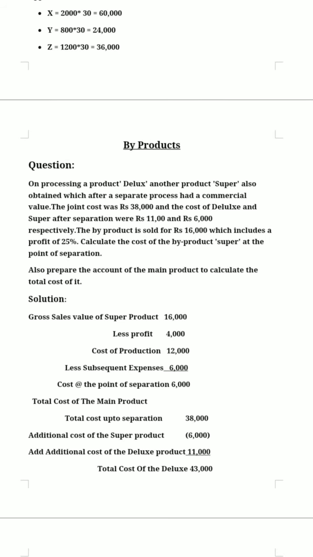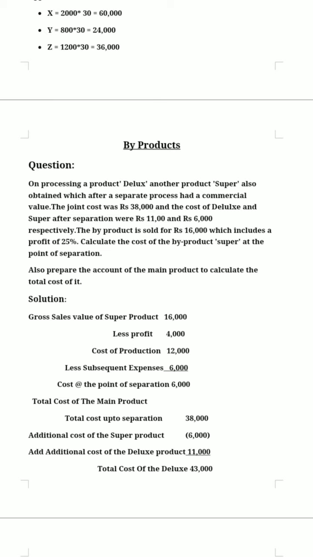First of all, we are going to calculate the cost of the byproduct at the point of separation. From the question we get the gross value of the super product as 60,000. From that 60,000 we need to reduce the profit of 25% given in the question, that is 25% of 60,000 equals 15,000. Deducting this from 60,000 we get the cost of production.